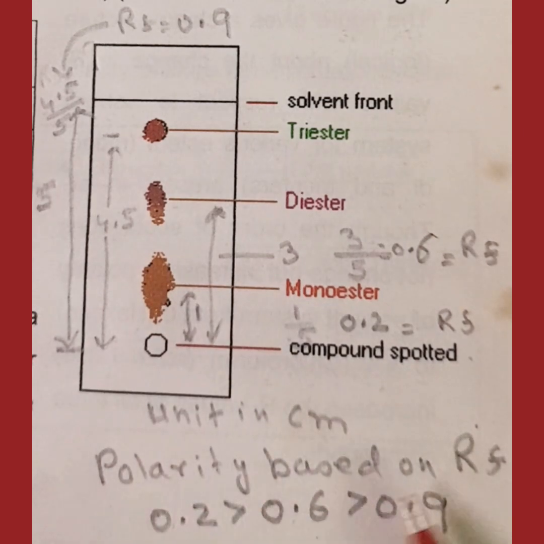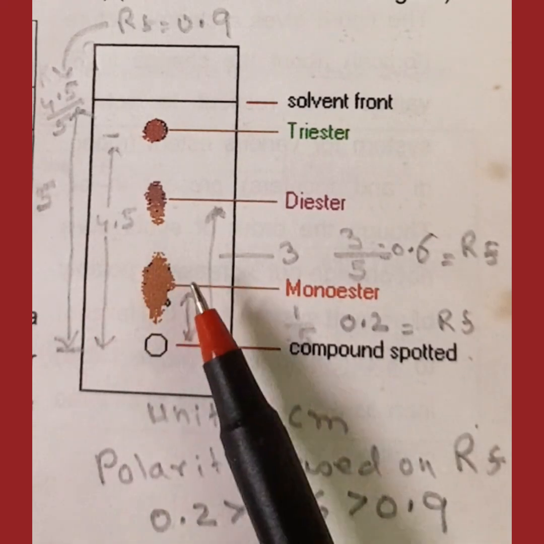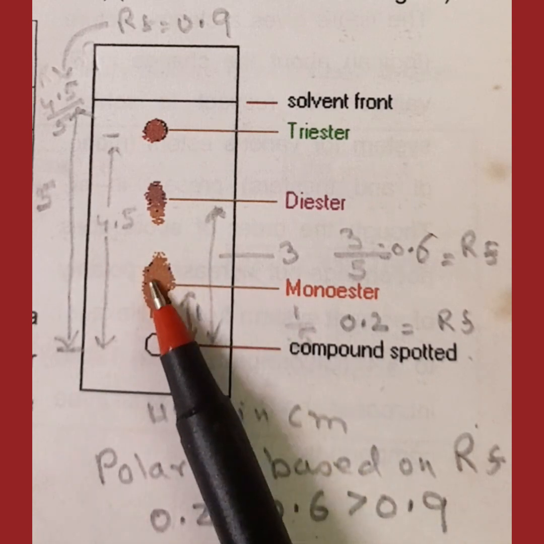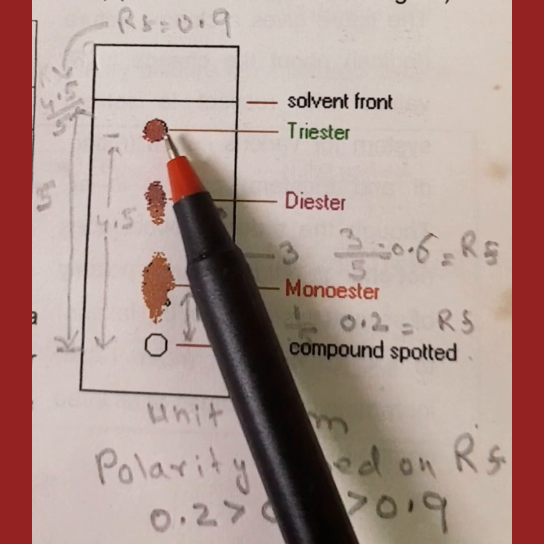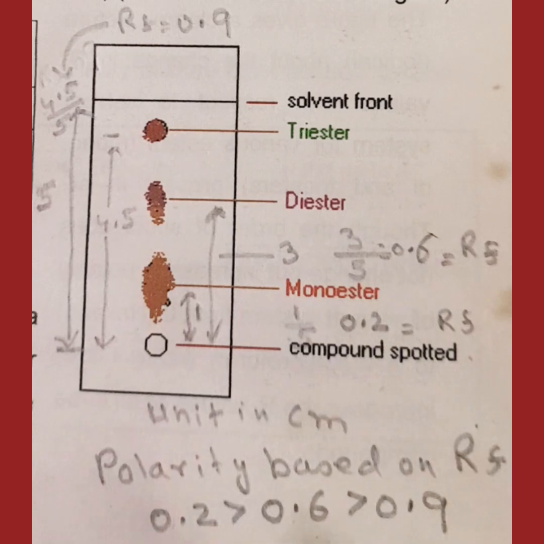And if polarity based, as I mentioned, it is like likes like, so polar material is liked by silica, owing to which it is retained over here, whereas this is least polar, not liked by polar silica, so moves up. Alright, so on the basis of polarity we can also say that if RF is 0.2, then the polarity is maximum, and if RF value is 0.9, polarity is minimum.